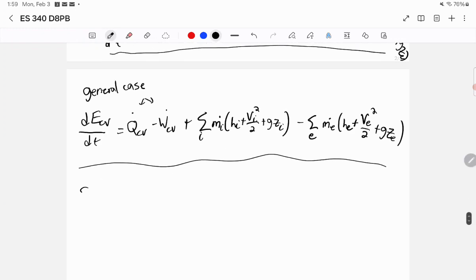Now, the steady state control volume energy rate balance.